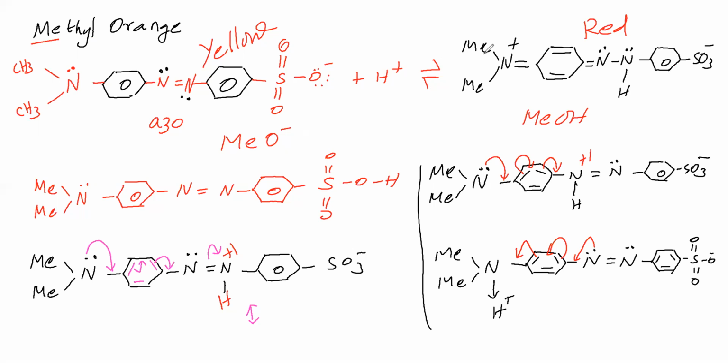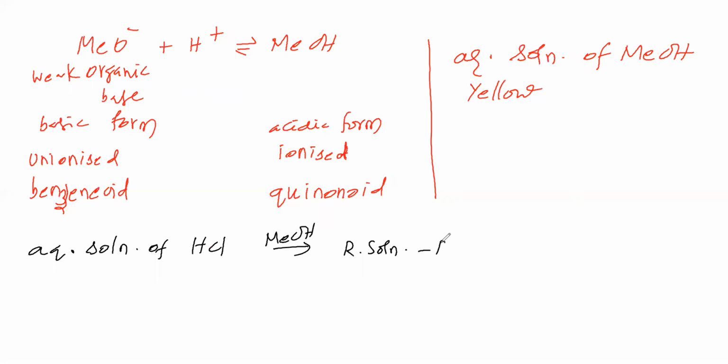Forward is favoring. Forward is favoring means which species is dominating now? So and so species is dominating, and it is exhibiting which color? Red color. Therefore, what is the color of resultant solution? Red color, we can say. So if you add methyl orange into aqueous solution of HCl, we will get resultant solution in red color.